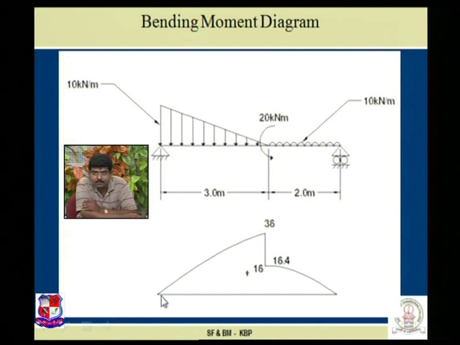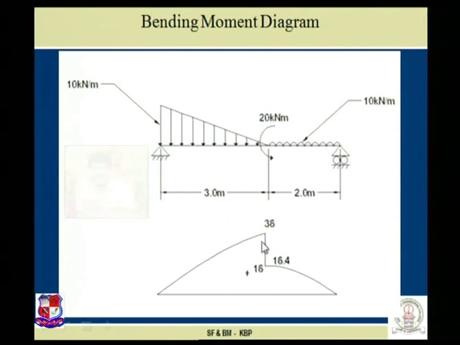Then a concentrated moment is there, so either a sudden drop or sudden rise, a sudden change in the bending moment diagram is possible, and then between C to B this diagram changes with parabolic nature. So let us plot this diagram over here right now.